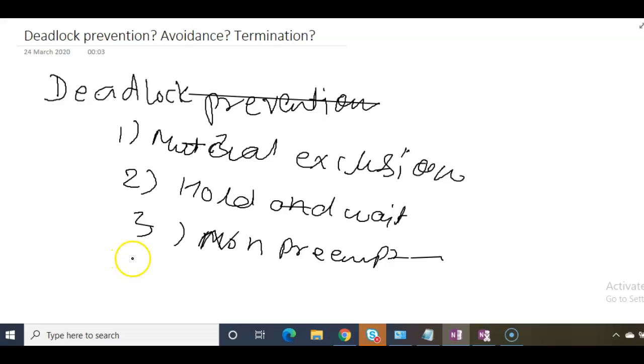And another thing is circular wait. So you just have to violate any of these situations to avoid deadlock. So deadlock prevention is nothing new, as we already studied in the last video. So you just need to keep focusing on what is deadlock prevention.